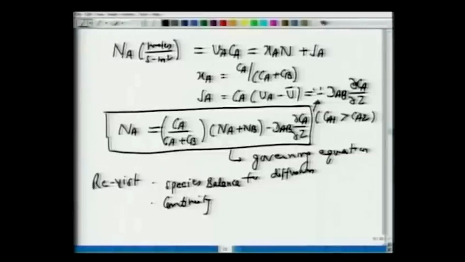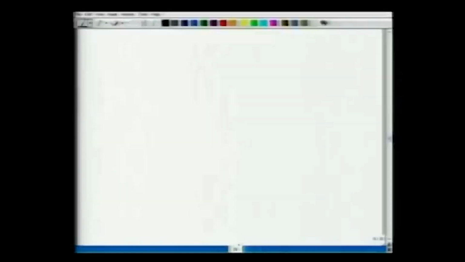Continuity is nothing but the total material balance or total mass balance. What we do here is take a differential element of del x, del y, del z, or dV, and make a well-known species balance, and see how it relates to what we have just obtained.